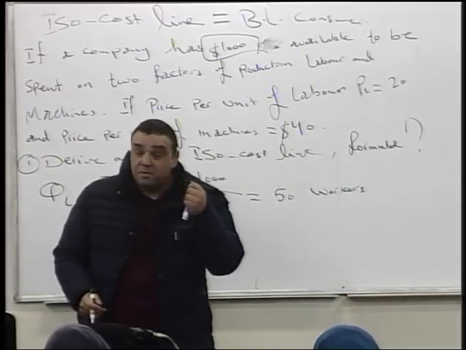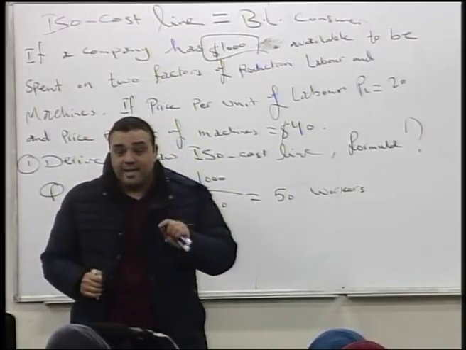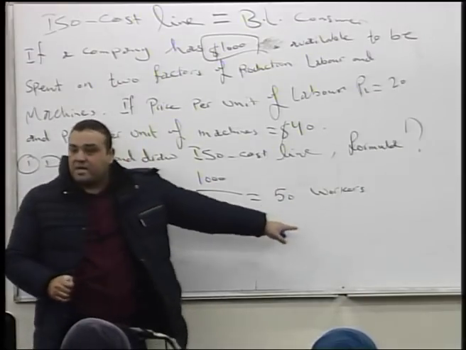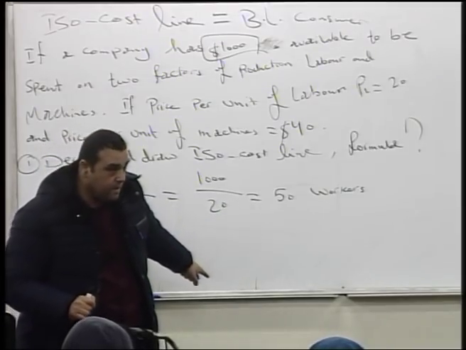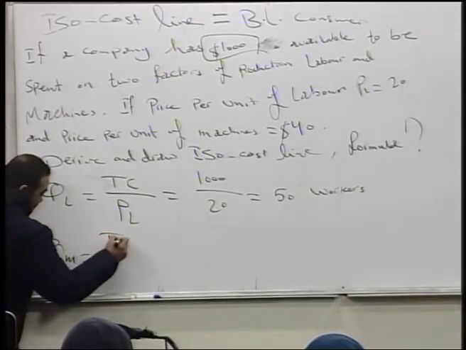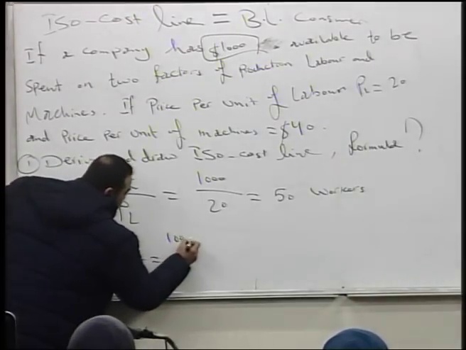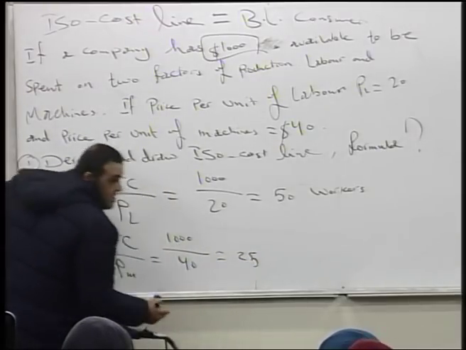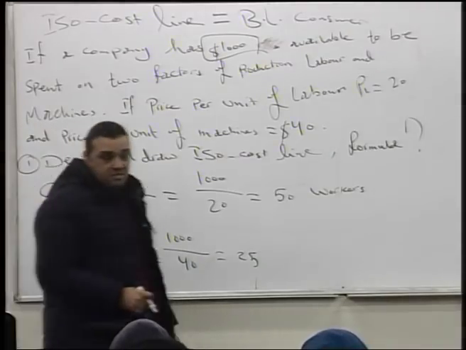If the producer allocates all his money to buy only workers, he can buy 50 workers, or recruit. QM equals total cost over the price of M, 1,000 over 40, equals 25 machines, and 0 workers.